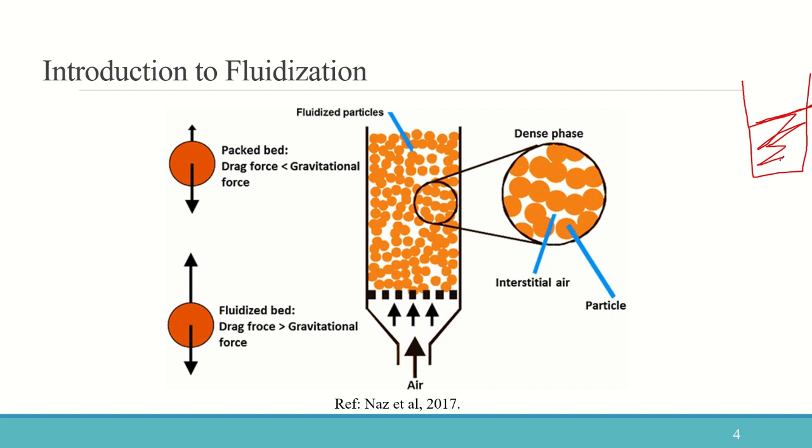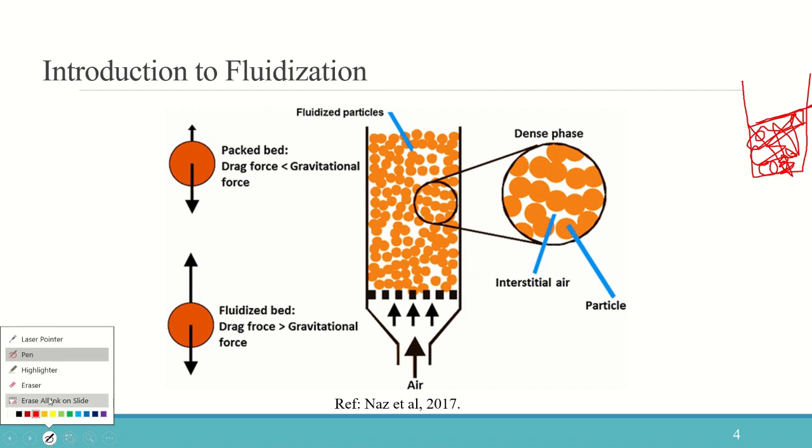Initially inside the packed bed, this complete thing would be solids, and there would be no space for the solids to move even though we pass the liquid, I mean fluid. To make it more clear, we have a packed bed of particles.